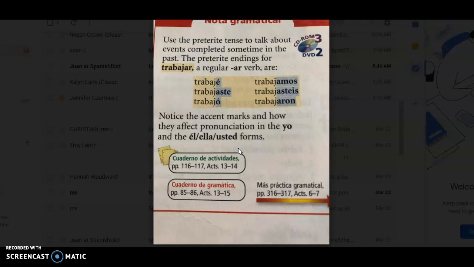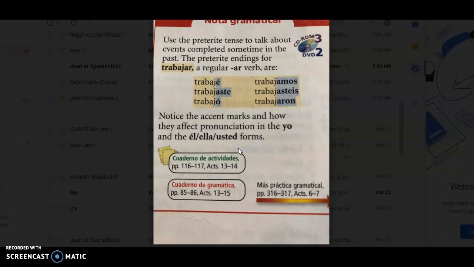So let's go ahead. We're going to do an exercise on page 316. So go ahead and turn there. 316, por favor. Número 6. If you look at number 6, it says Gaby y Luisa están hablando por teléfono para saber qué pasó durante el fin de semana.